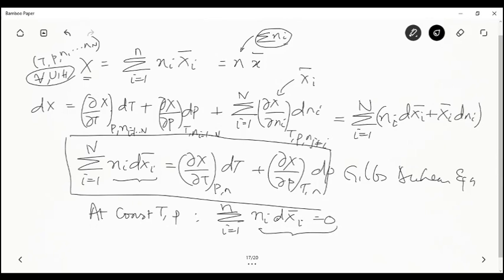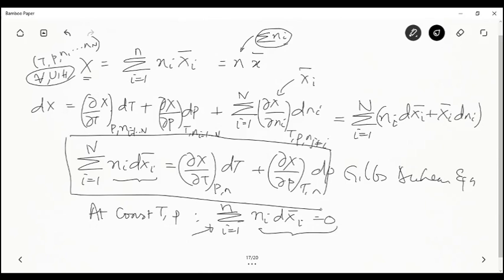This tells us a very fundamental thing: the changes in any of the partial molar properties cannot be done independent of the other, and all of them are interrelated using this equation. This is the Gibbs-Duhem equation.